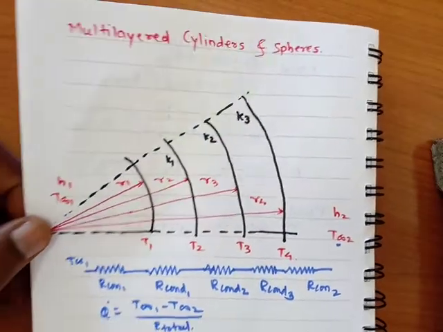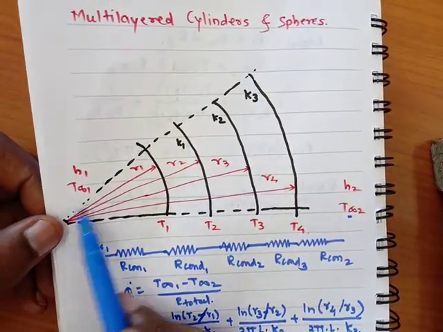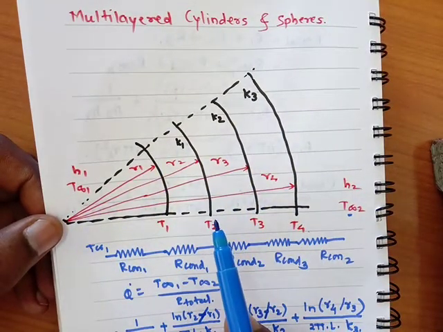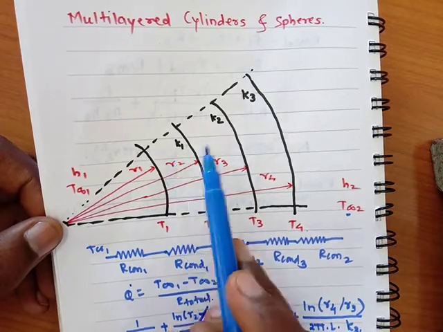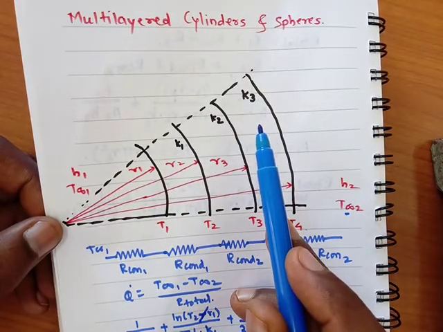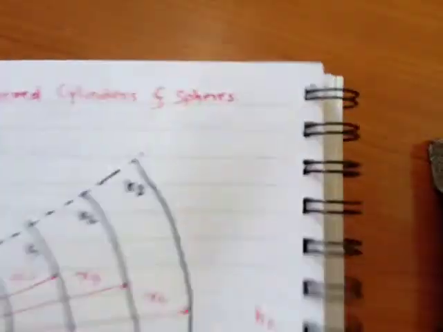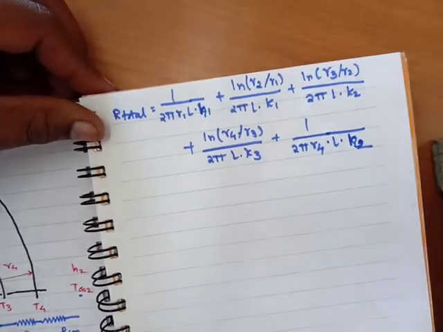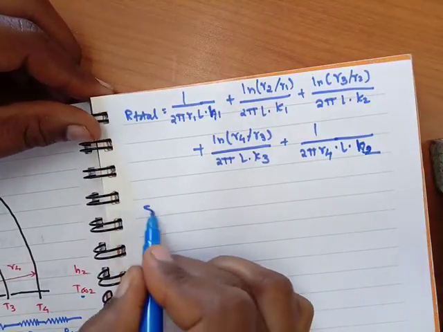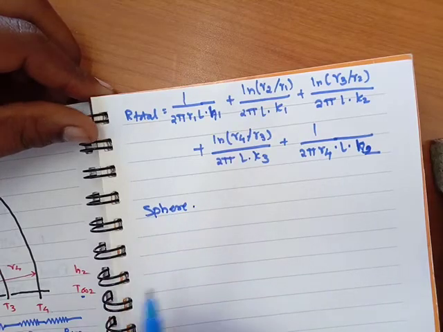Similarly, if you consider a sphere, material 1, material 2 and material 3 are the layers of the sphere. In that case we can find R total for spheres.